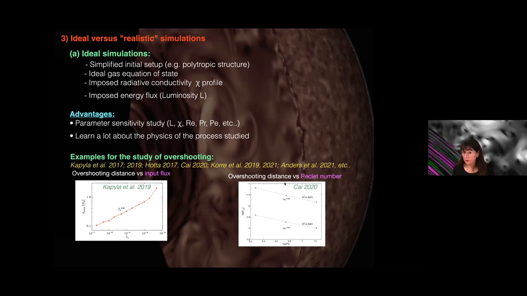So we can study the overshooting distance as a function of the Péclet number, which is the ratio of advection to thermal diffusivity. But the disadvantage of this approach is that the 3D-to-1D link, which is the extrapolation of your results to stellar conditions and to stellar problems, is not straightforward.